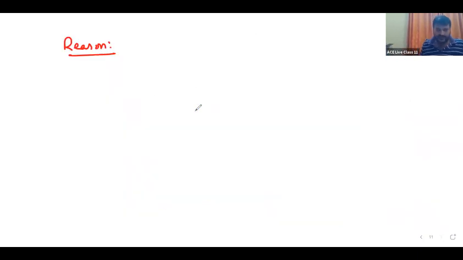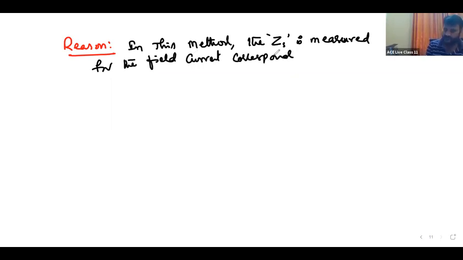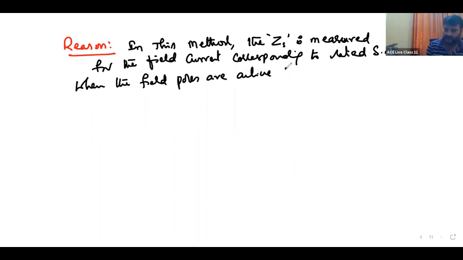See, the reason is, in this method ZS is measured for the field current corresponding to rated short circuit current, where the field poles are active, that is, no saturation, because of the demagnetizing effect of armature reaction.